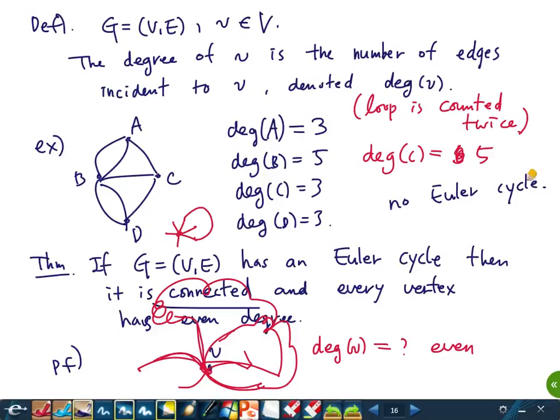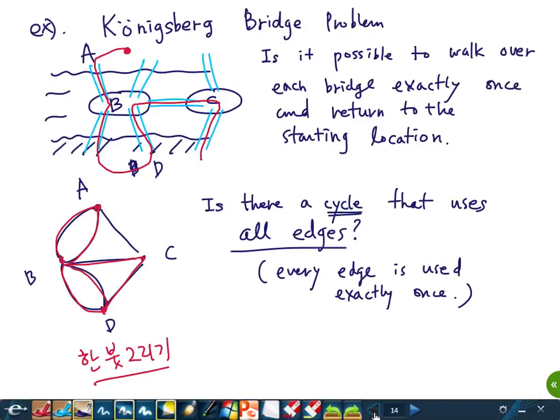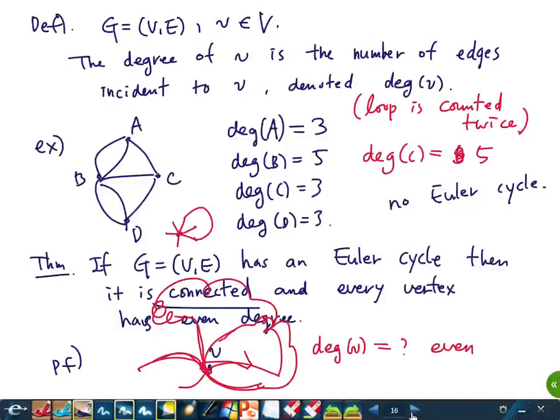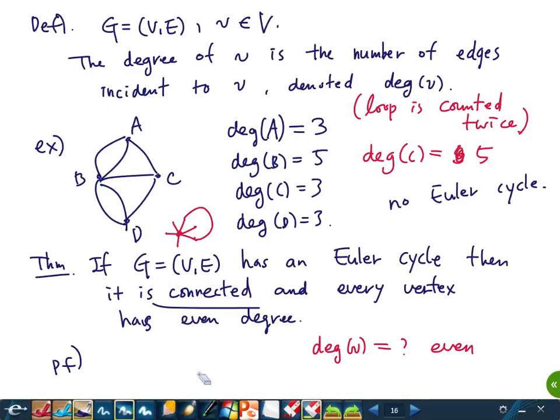So the answer to this question is that it's impossible, because there is no Euler cycle of this graph. No matter how you visit cities cleverly, you cannot really do that. Okay, this proof is like that. Any question?